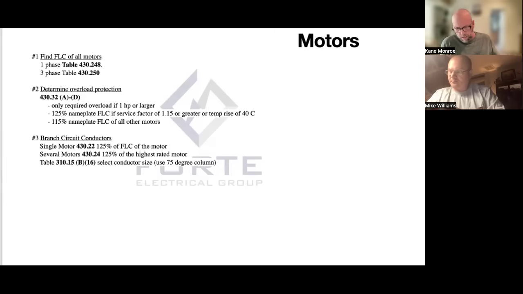It should be like a full page. Did you find it? 310.60, allowable ampacities of insulated conductors rated up to and including 2,000 volts. Yeah, it's 310.60 in my book. No, I think you went too far.